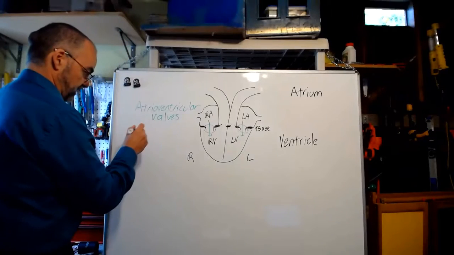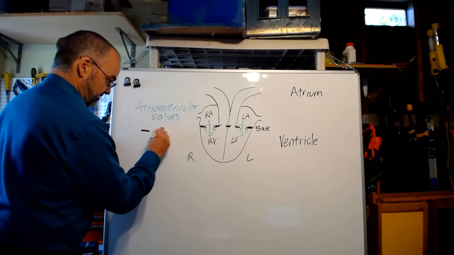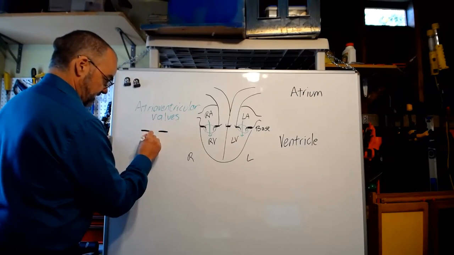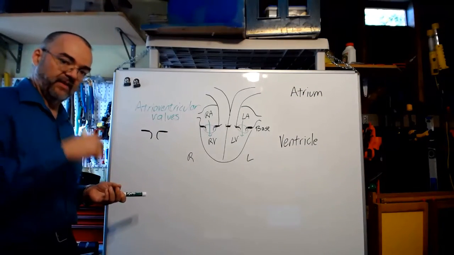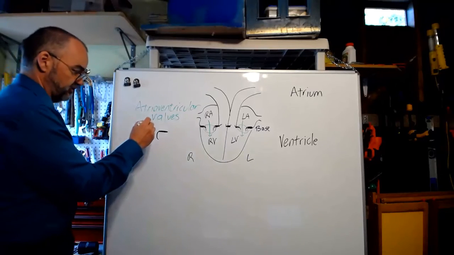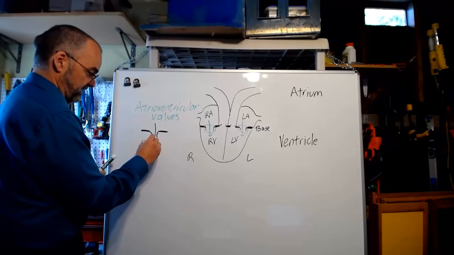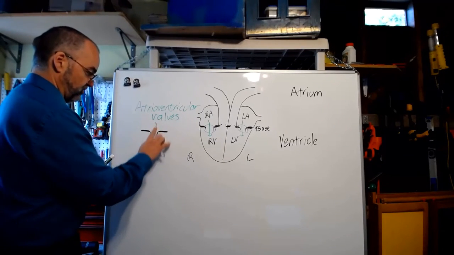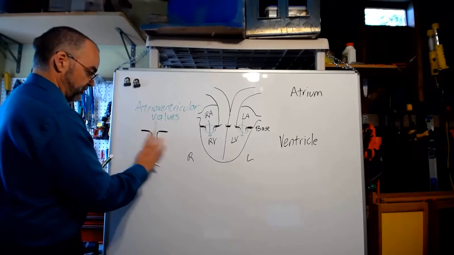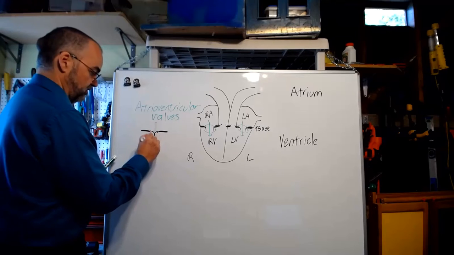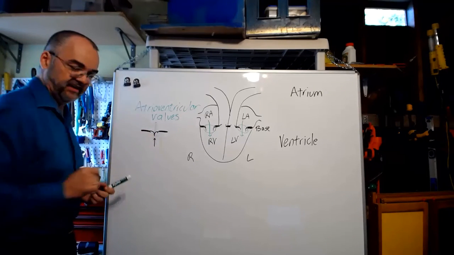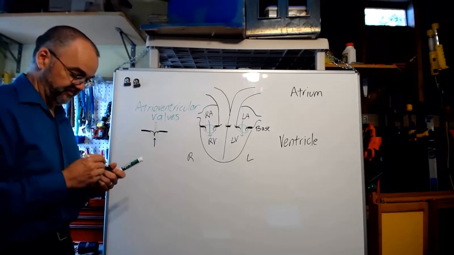If I were to look at how one of those valves is set up, if this is the base that it's anchored in, it's made of a set of valve flaps which open downward from atria to ventricles. So blood is allowed to flow down this way, but if blood tries to flow backwards up through this, those valve flaps will get pushed closed and not allow the blood to flow backwards.